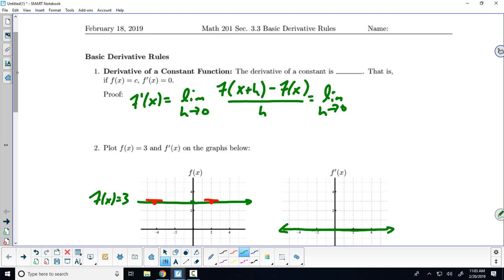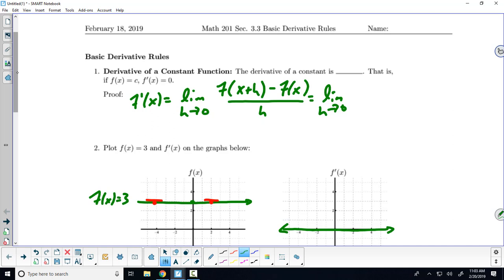But this says take the function f. What is f in this case? Well, for the one below, it's just 3. But for up here, it's c, an arbitrary constant. I chose 3 in my example below, but it's just an arbitrary constant.